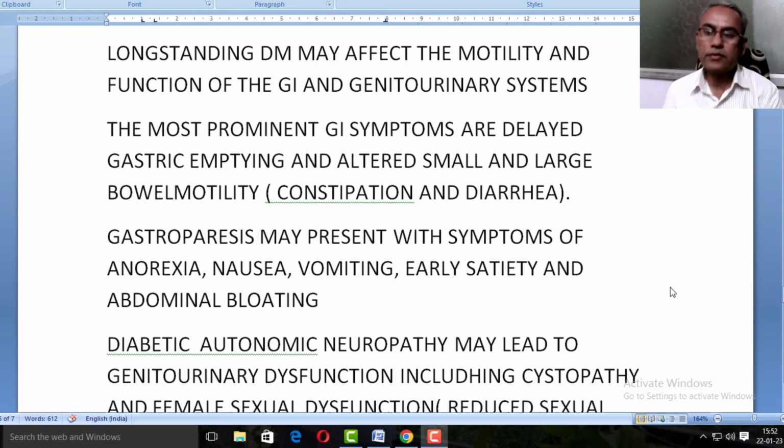Gastroparesis may present with symptoms of anorexia, loss of appetite, nausea, vomiting, early satiety, and abdominal bloating.